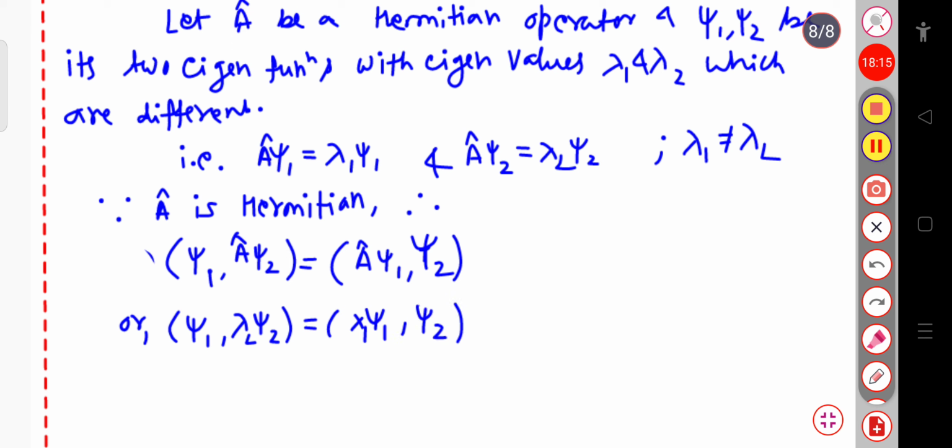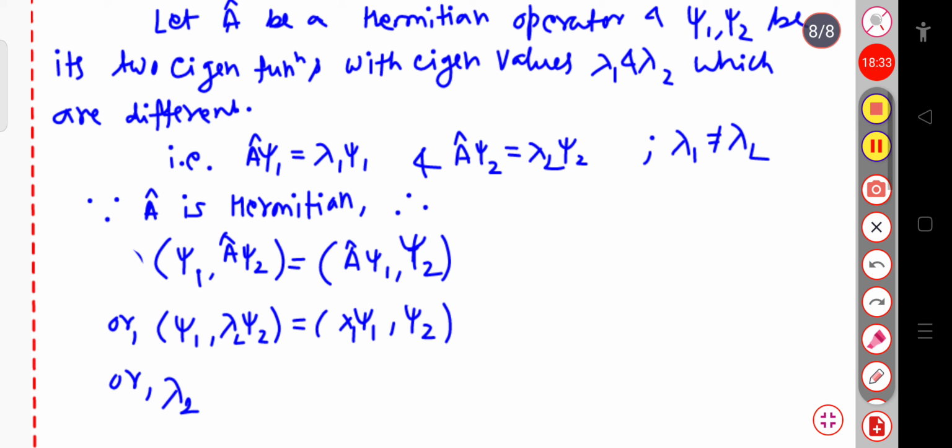Lambda 2 can be taken outside, so this is lambda 2 into psi 1 comma psi 2, and that is equal to lambda 1 star psi 1 comma psi 2, because the first part represents the complex conjugate.